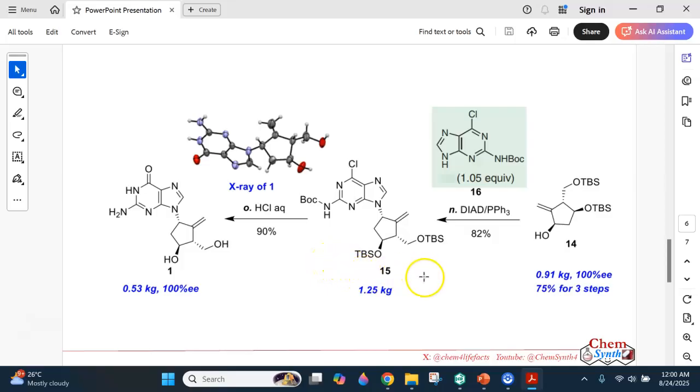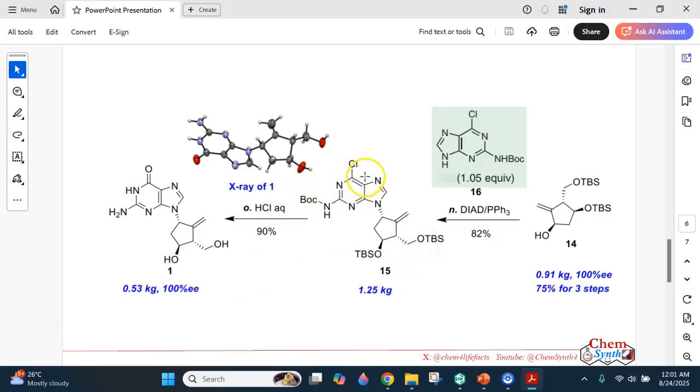So this step leads the formation of intermediate 15, which was treated with aqueous hydrochloric acid to produce the final material. So you can see the role of hydrochloric acid at this final step. The Boc group from this NH group has been removed, as well the silyl group on these both alcohol group also removed.